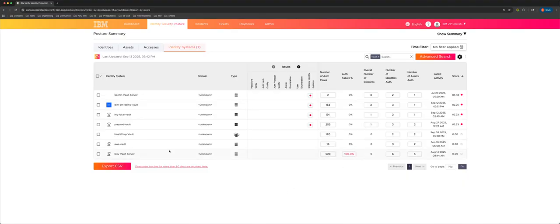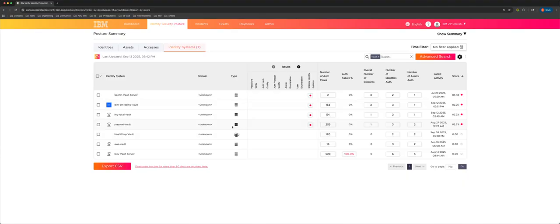So immediately we can find that we have a few vaults that are known to the environment, but also I have 4 what we call shadow identity systems that are classified as vaults, which means that I can actually find out which vaults in this environment are currently managed and known to my organization, and which ones are potentially deployed for development or deployed and unmanaged.